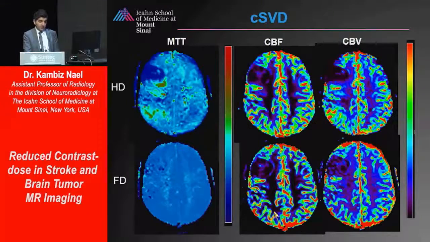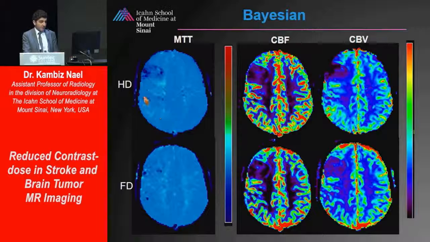This is how they should look, and this is how they look with half dose perfusion. Let's go to the same acquisition processed with Bayesian. Again, you can appreciate more homogeneity across the field of view and similarity between half dose and full dose. Again, same finding on CBV.